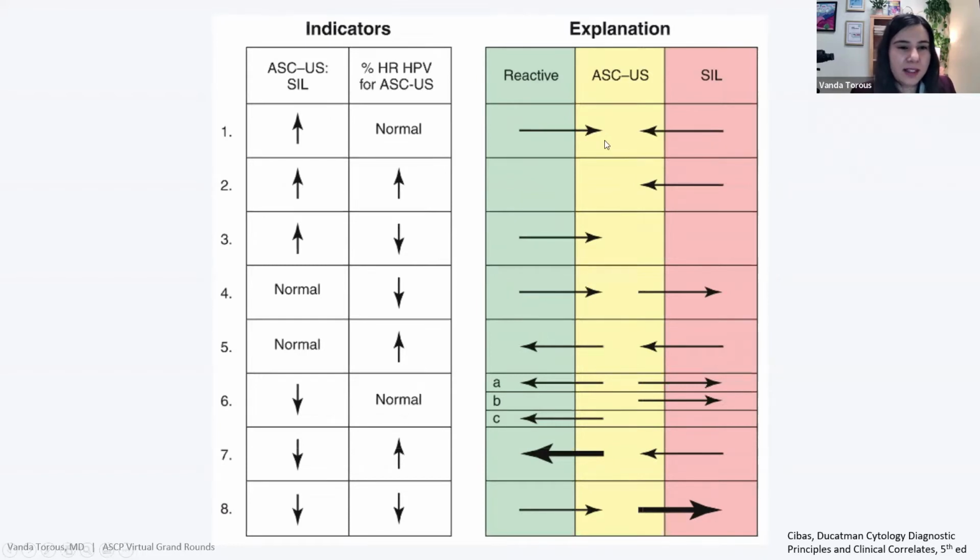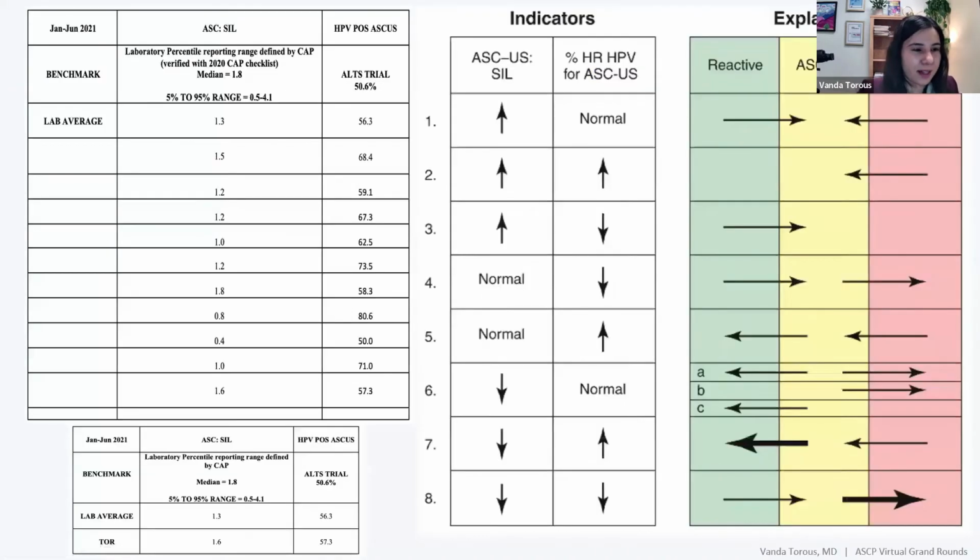So it's making this diluted from both ends and making a normal number. So by going through your combination of ASCUS to SIL and interpreting it in context of this other indicator, you can really start understanding what's going on, what's underlying these practice patterns. So in our practice, and I imagine in a lot of practices, this is similar.